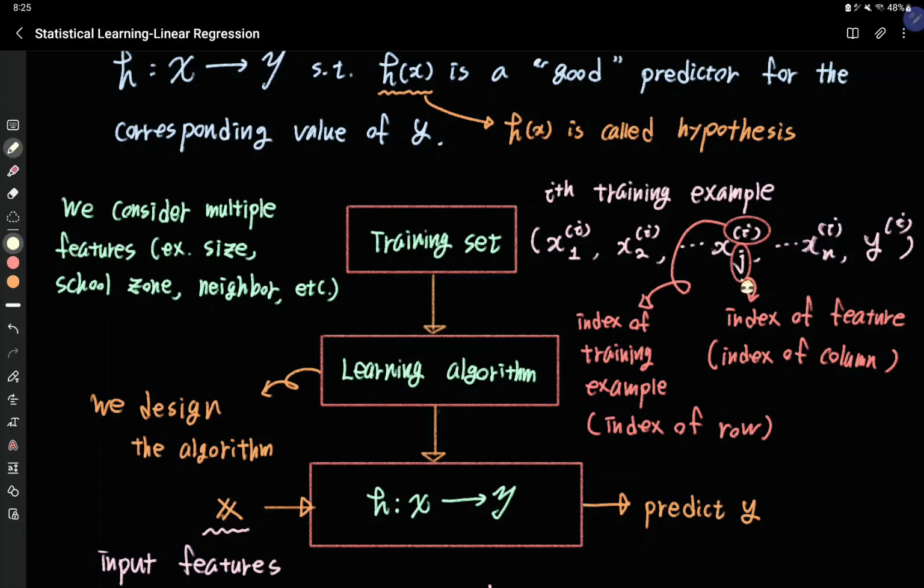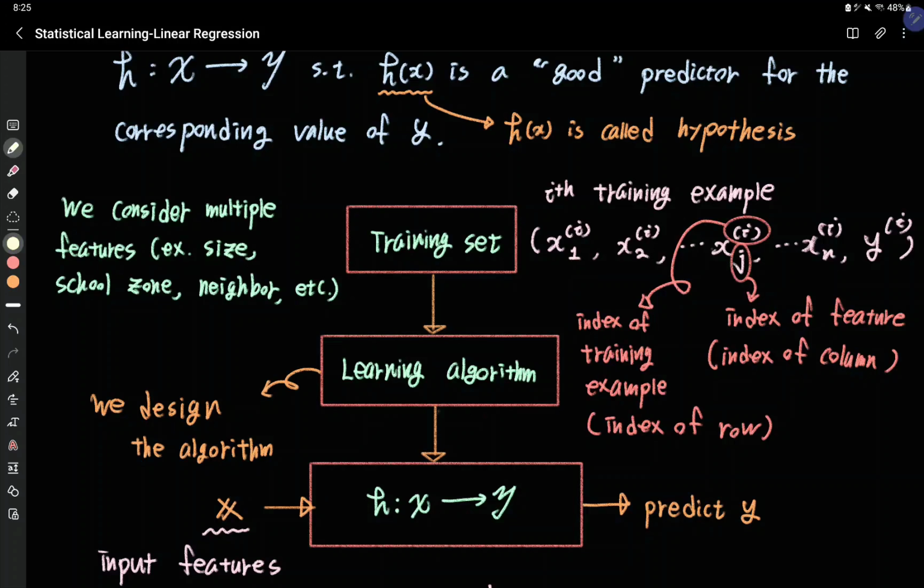So there are n features, and this is the ith training example. You need to clearly understand the meaning of superscript and subscript. That's quite important.